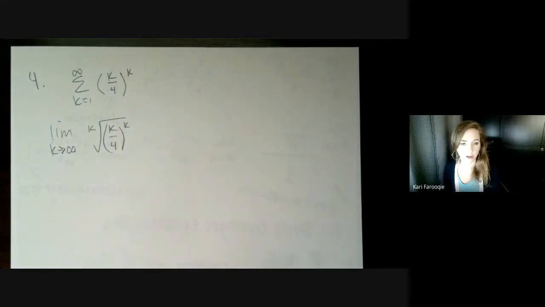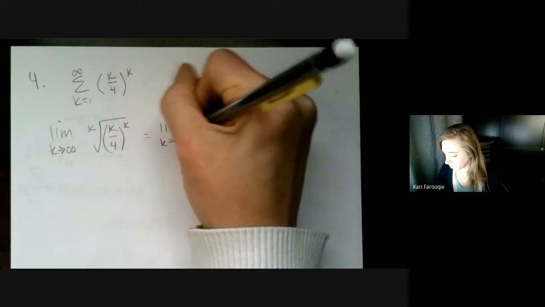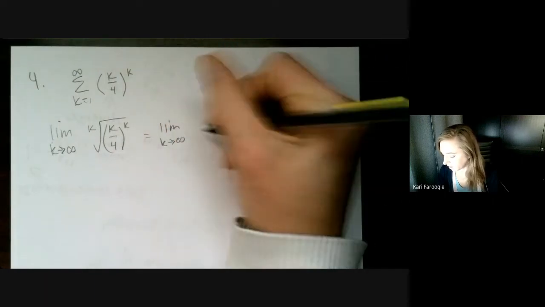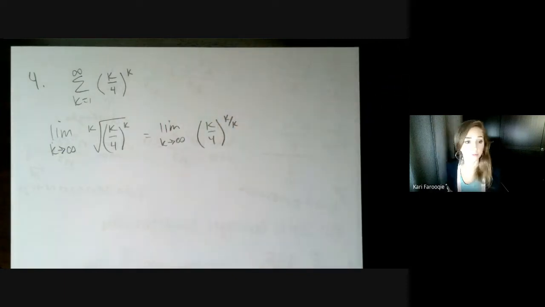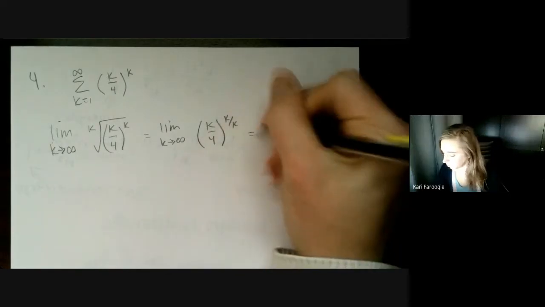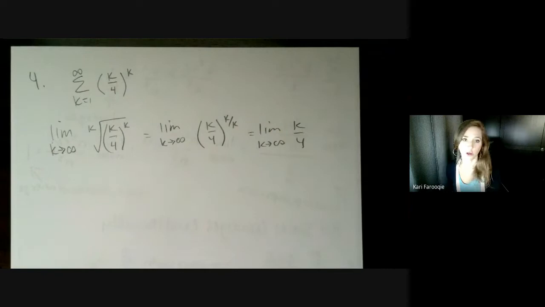Now, the nice thing is that when you take the kth root, what you're really doing is you're dividing by k in the rational exponent. So that actually looks like this. Now the k over k will cancel, and you'll just be left with the limit as k approaches infinity of k over 4. And the limit there is equal to infinity.